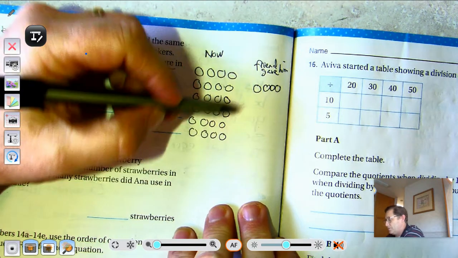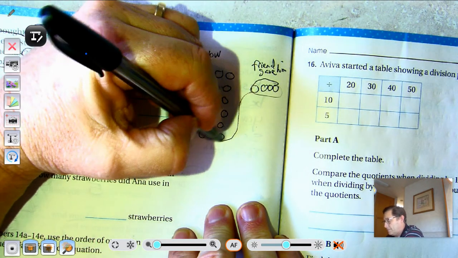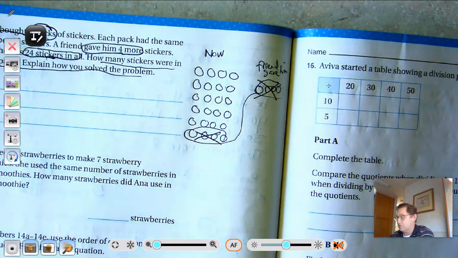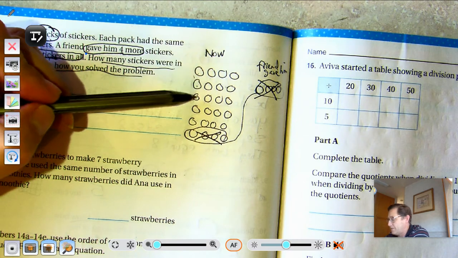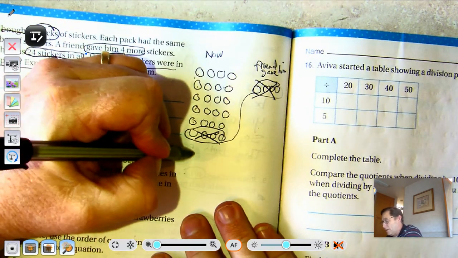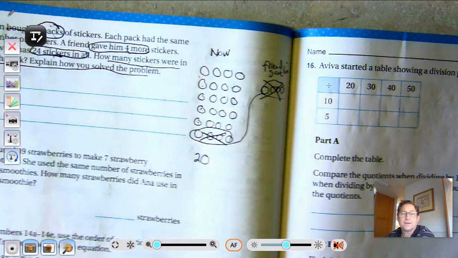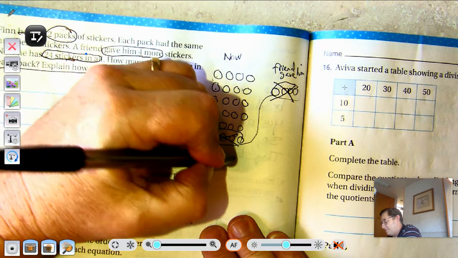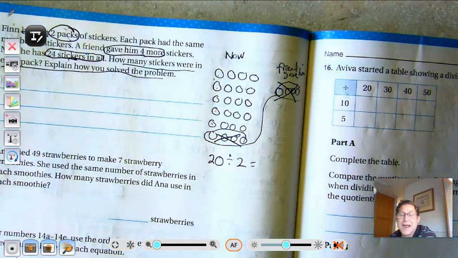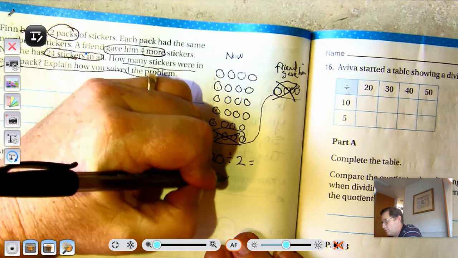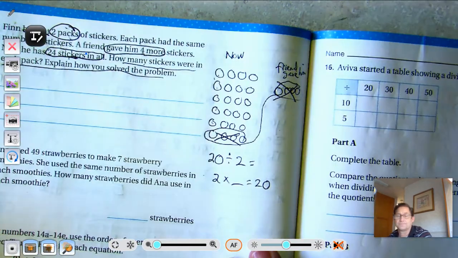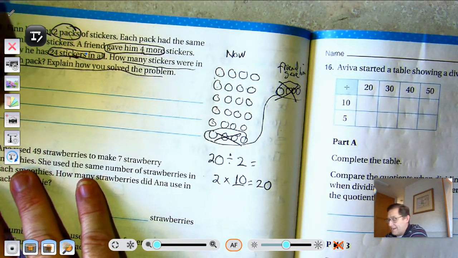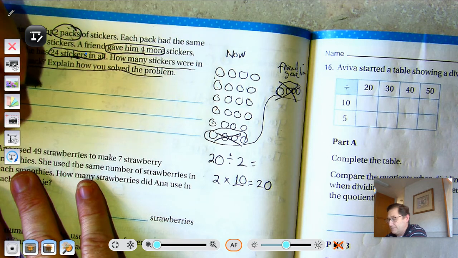So we need to take these 4 and subtract them. Now he had 4, 8, 12, 16, 20. He had 20 stickers that came in 2 packs. Well, 2 times what is 20? 2 tens is 20. So each pack had 10 stickers.